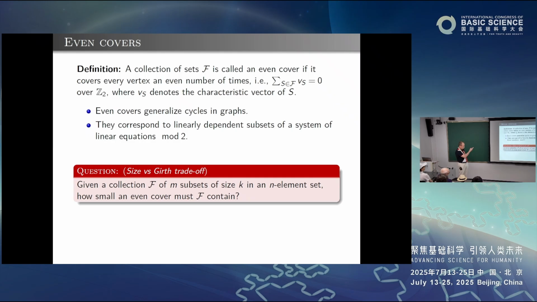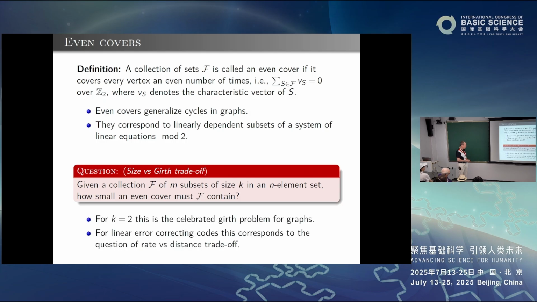So for example, if your k is 2, it's a famous Gauss problem. You're asking what is the shortest cycle in the graph if I tell you the number of edges. For general k, it also corresponds to a very central question in coding theory, which connects rate and distance.